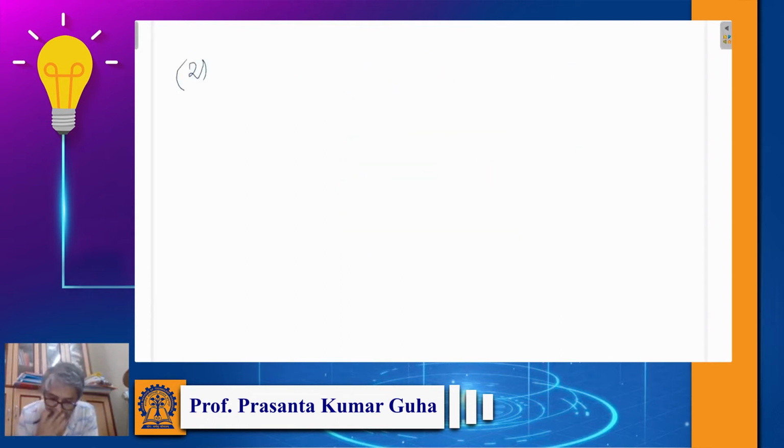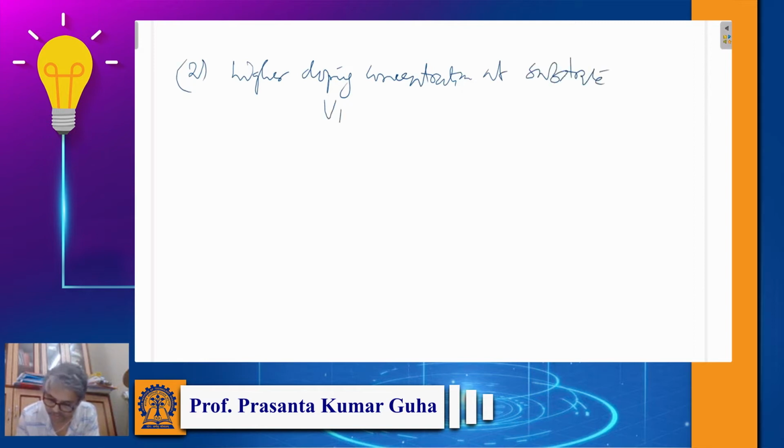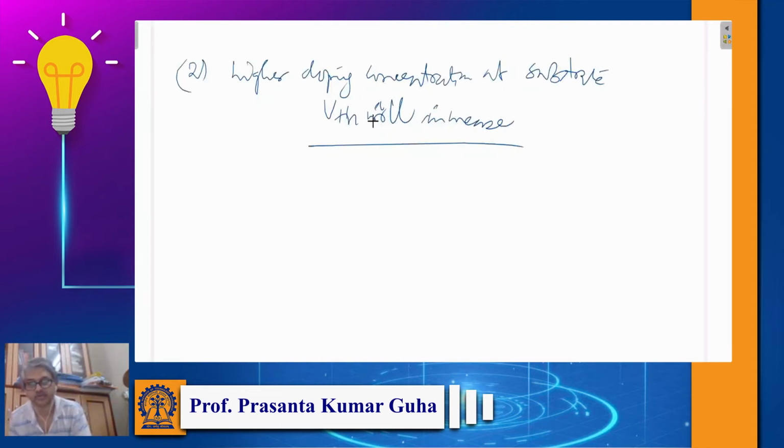For example, if you have a higher doping concentration at the substrate, your VTH will increase. This is again obvious because you need to apply a larger gate source voltage to invert the substrate.